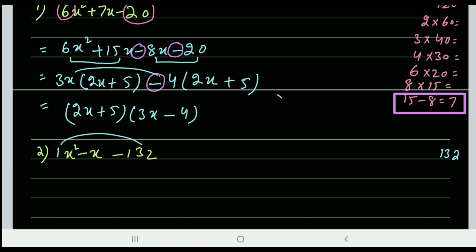Factors of 132 are 11 into 12. 11 into 12 is equal to 132. If I subtract them, 12 minus 11, we get 1. So these are the factors that we will use in this question.